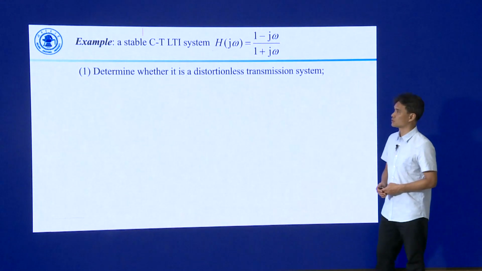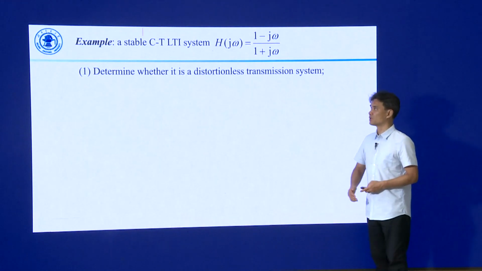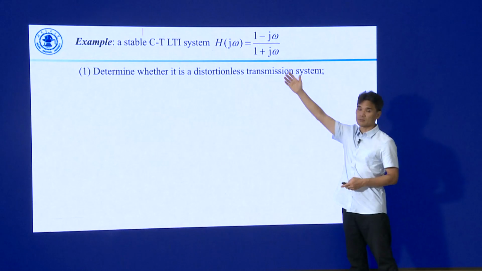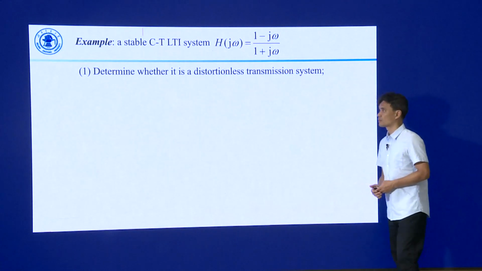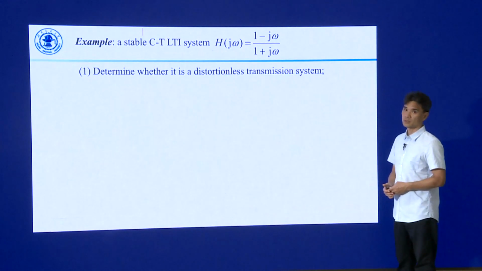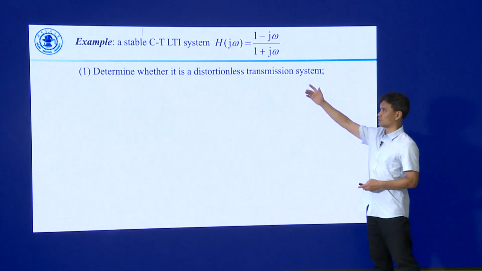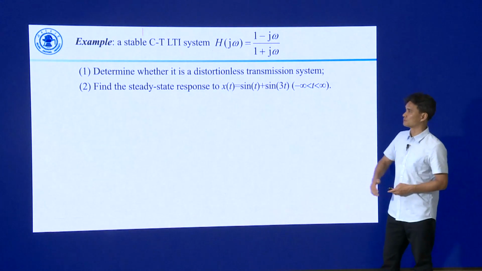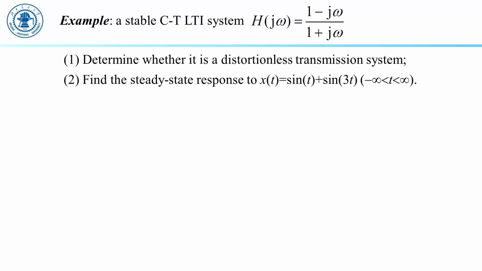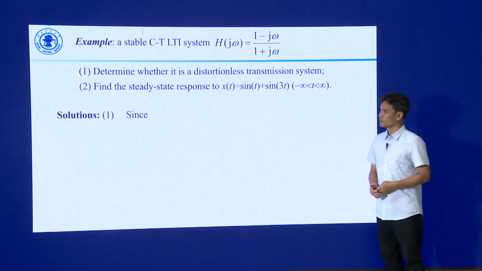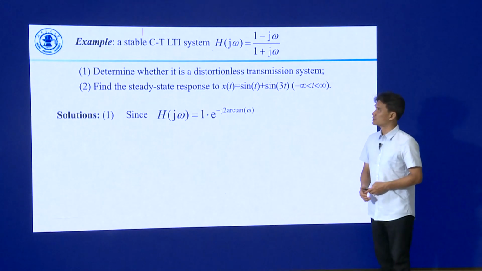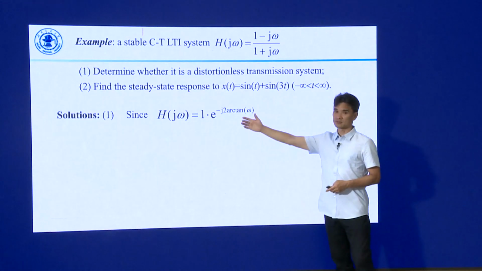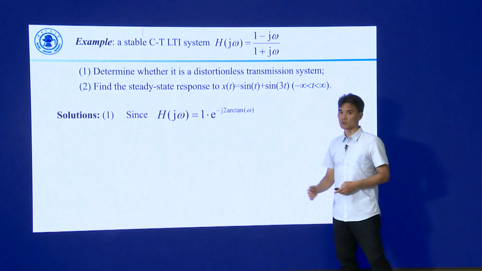Here is one example. If we have a stable continuous-time LTI system, determine whether the system is a distortionless transmission system and try to find the response of the system to this signal. For the first question, we can rewrite the system's frequency response in this form.